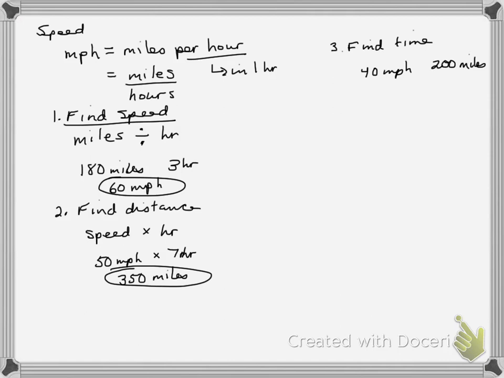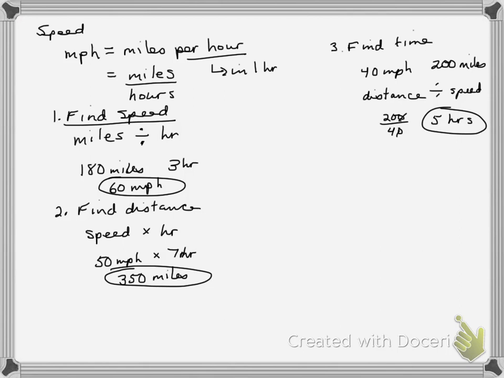Well, I would take the distance and divide it by the speed. Hopefully all of these things are logical to you, and I would really take some time to think about it to make sure that it is. So in this case, I would take 200 divided by 40. I'd cancel out my zeros. 4 goes into 20. It would take me 5 hours.